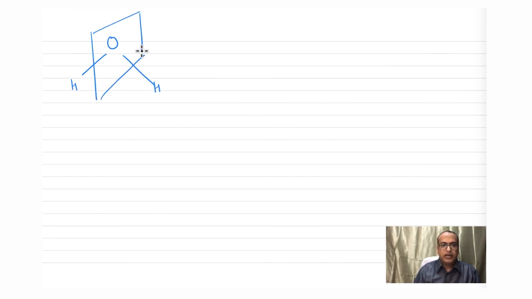Okay. So now let's look at the water molecule, which we had seen earlier. One plane was the plane which is reflecting the 2 hydrogens. This is sigma V1. The other plane will be the molecular plane containing all 3 atoms, right?